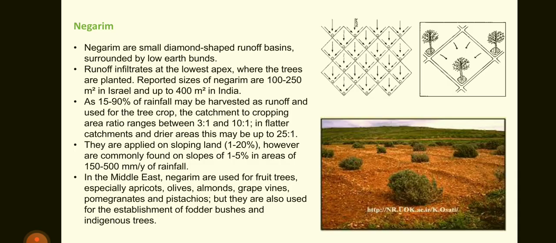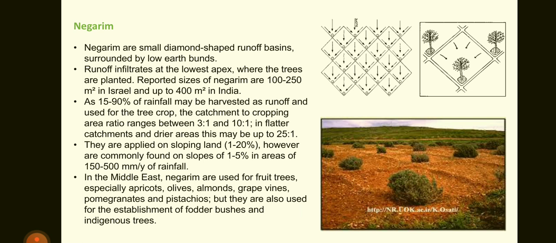Negarim are small diamond-shaped runoff basins surrounded by low earth bunds. Runoff infiltrates at the lowest apex where the trees are planted. Reported sizes of Negarim are 100 to 250 square meters in Israel and up to 400 square meters in India. About 15 to 19% of the rainfall may be harvested as runoff and used for the tree or crop.